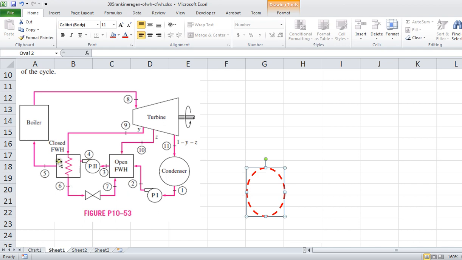But the pressures 4 and 5 are also going to be the same as each other, but different from 6 and 9 because they're not mixing. The flow through 4 goes over this pipe and then comes out into another pipe. So pressure 5 equals pressure 4 equals pressure 3. Pressure 5 equals pressure 4, and pressure 3 is equal to pressure 2.